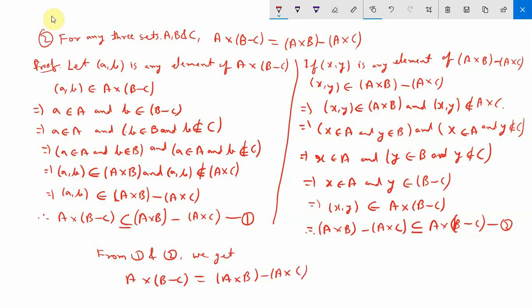Okay friends, so we will now see another theorem, theorem 3.